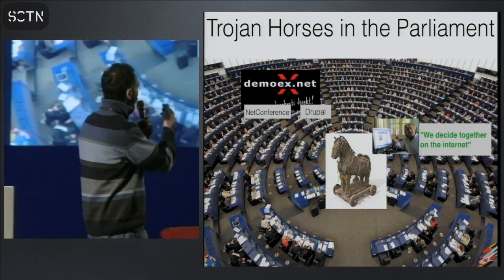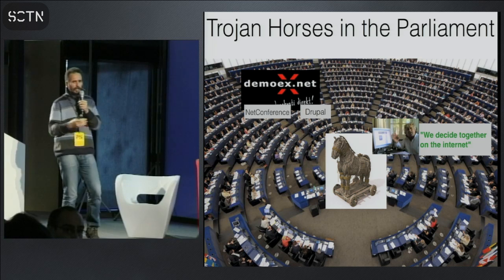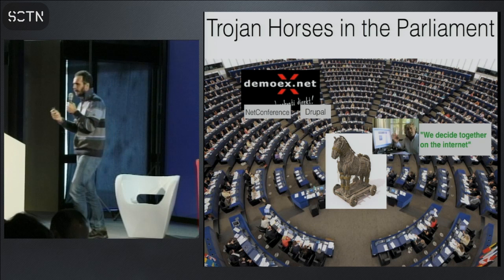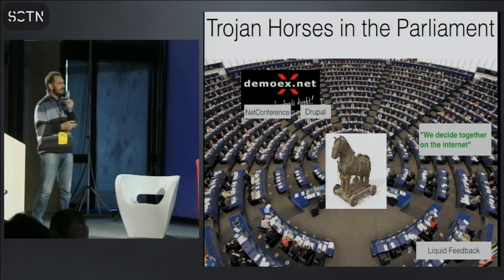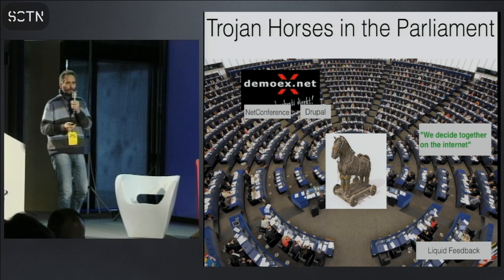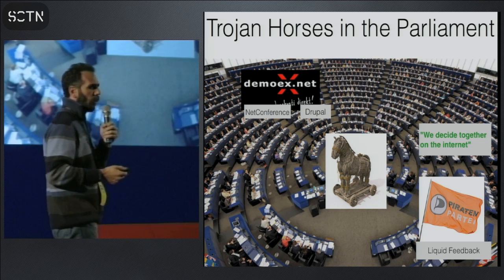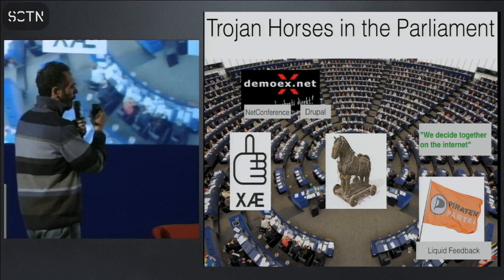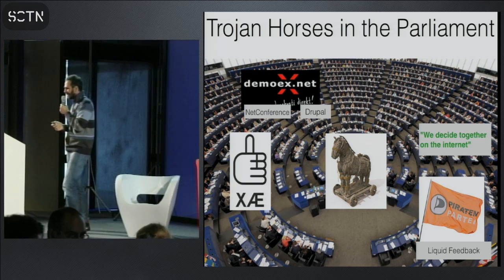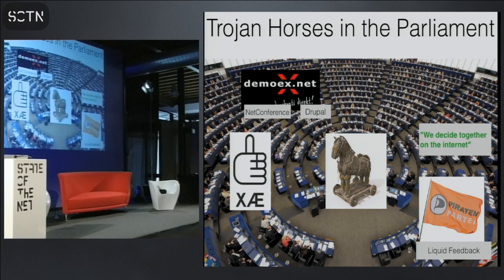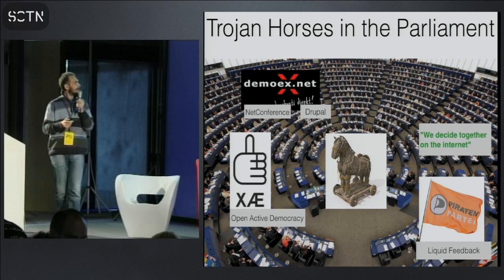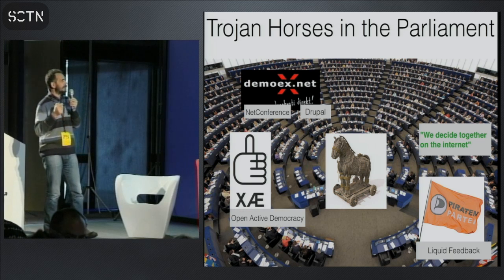And then, historically, Beppe Grillo came out with this speech of we decide things together. And just after that, we had LiquidFeedback being written. And then the Pirate Party got elected, and then the Best Party in Iceland. And the Best Party started a platform immediately after getting elected, which used Open Active Democracy.